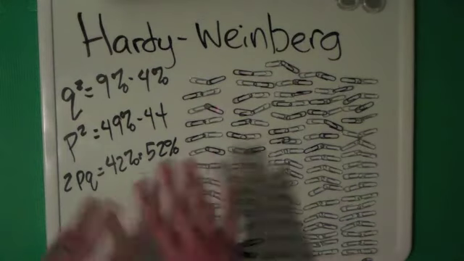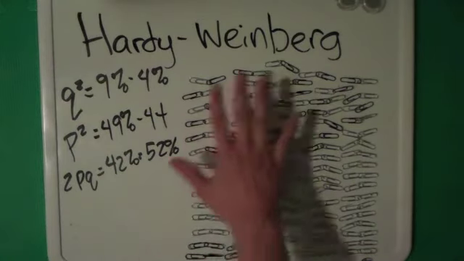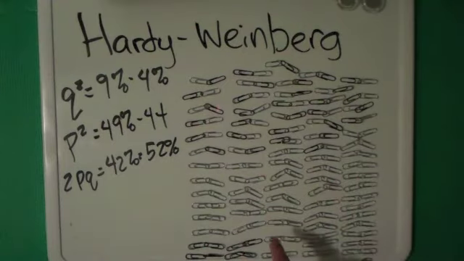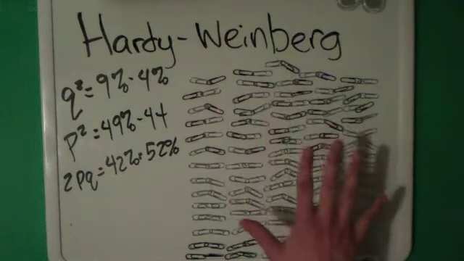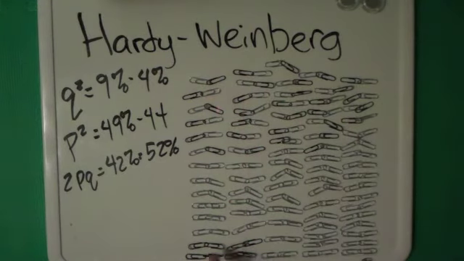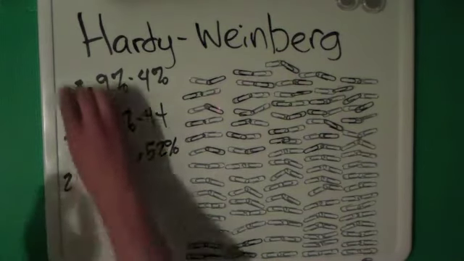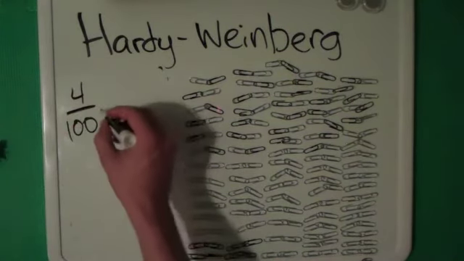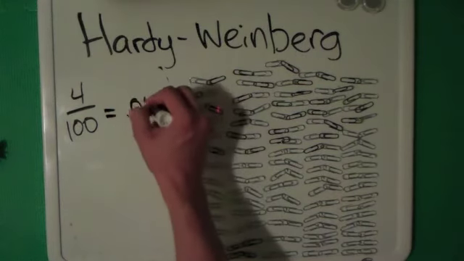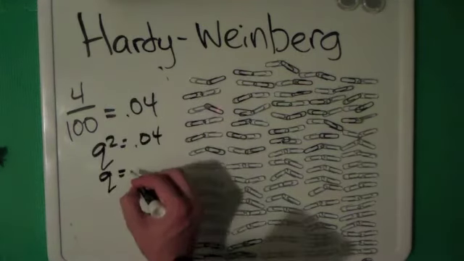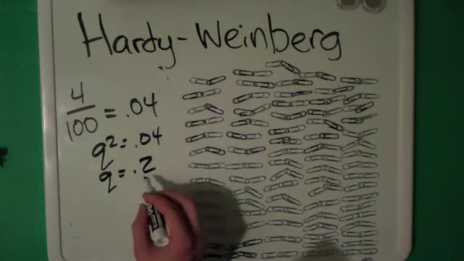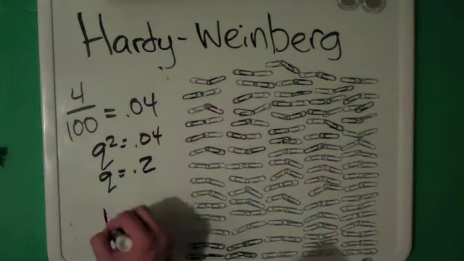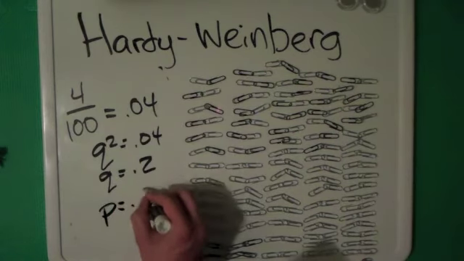So to go backwards from what we did, this is what you would see in your environment. And you couldn't really count these guys because you can't tell these guys apart. These guys are going to look the same. The ones you can tell apart are these guys, this 4 down here. So you could say, from looking at this information, out of 100, q squared is 0.04, q is 0.2, and so 1 minus 0.2, our p would be 0.8.